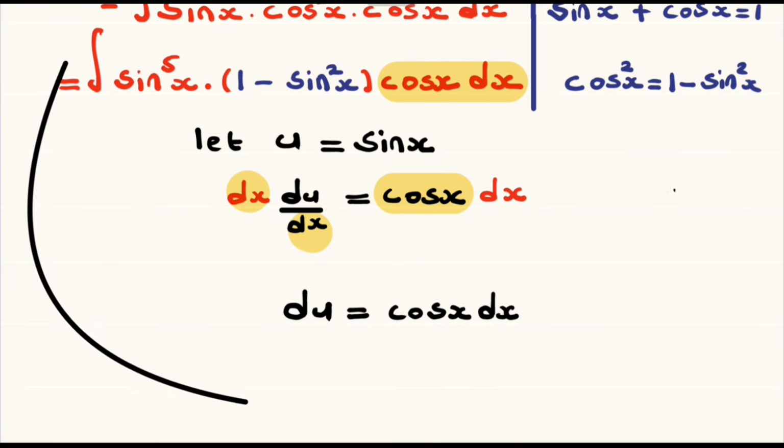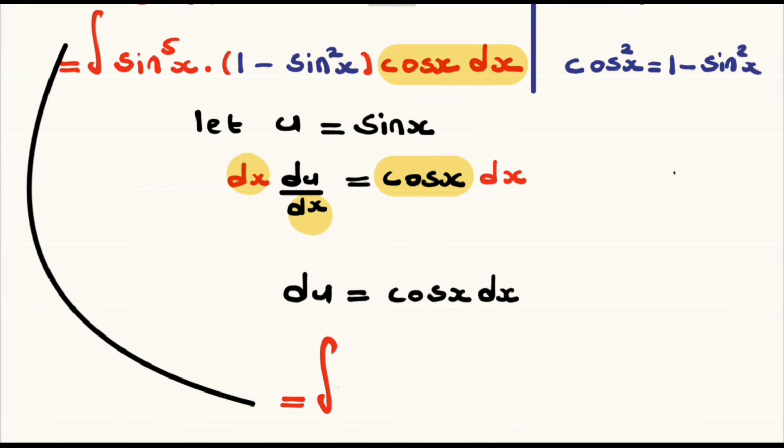So we have the integral of u in the place of the sine x. Remember that we said that u is equal to sine x. So the sine is raised to the power 5, then the u will be raised to the power 5, times 1 minus sine squared, but in the place of the sine we have u.